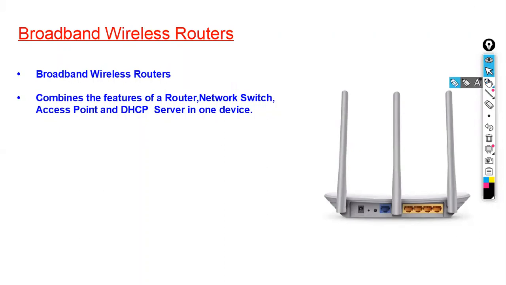And this is a picture of this wireless router. So our first requirement was to connect 4 computers to the LAN. If you see, this device has a 4-port switch. So you will connect 4 computers to this switch.